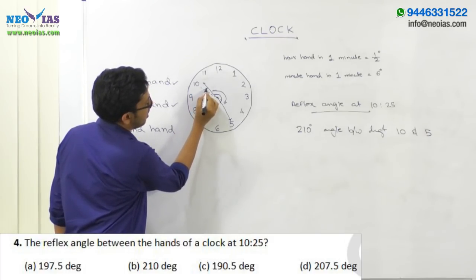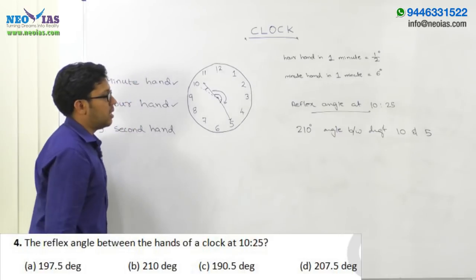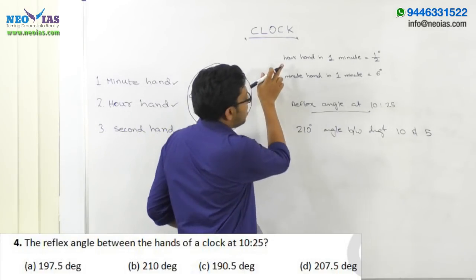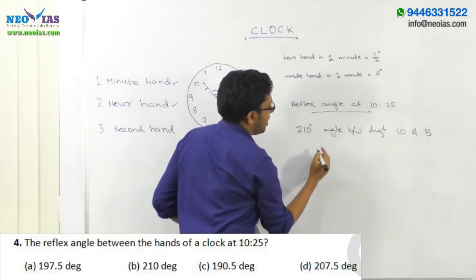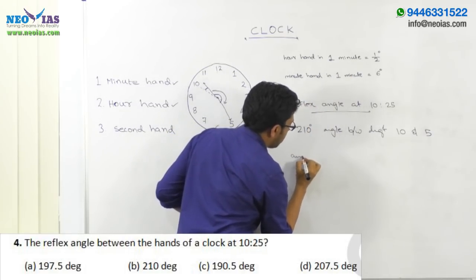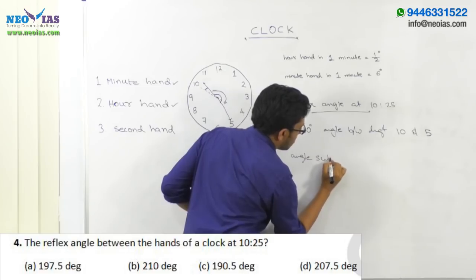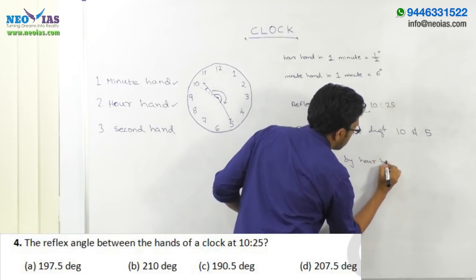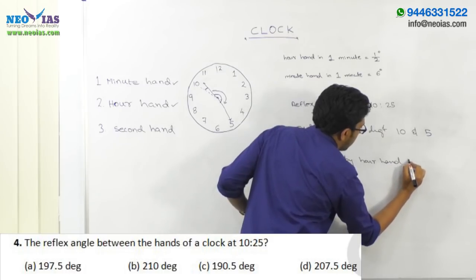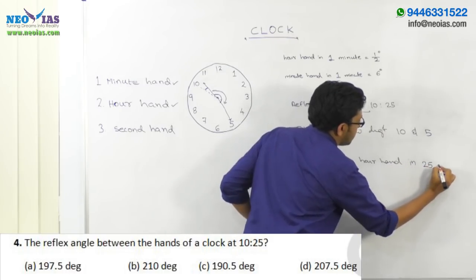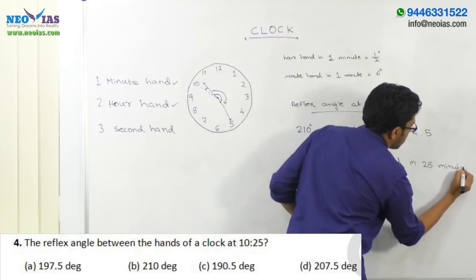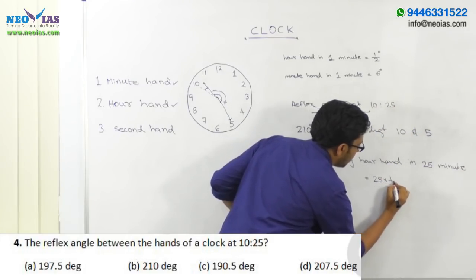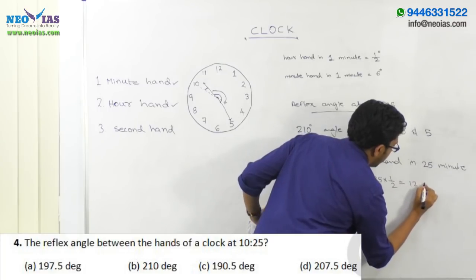What is the angle subtended by our hand for 25 minutes? Angle subtended by our hand for 1 minute is half degree, then the angle subtended by our hand in 25 minutes is equal to 25 into half, which is 12.5.